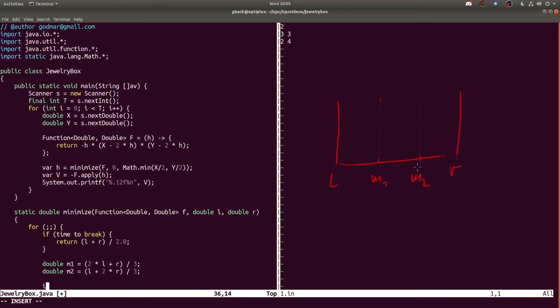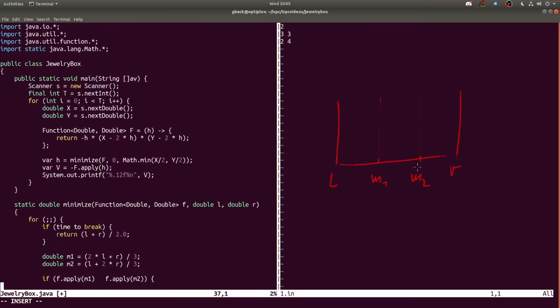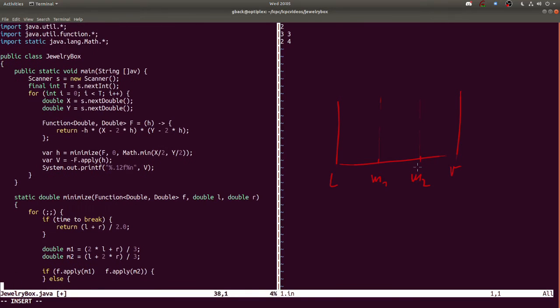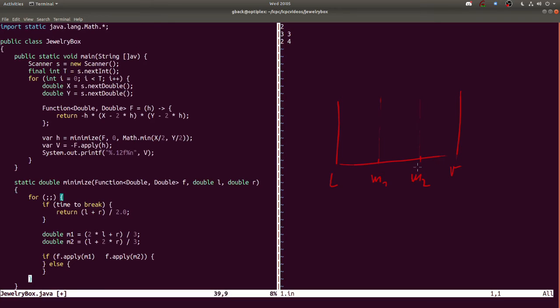Now the two need to be compared. We need to say f, and apply this function to m1. We're going to apply this function to m2. Okay? And we need to compare those two, and then take an action depending on which one it is. Okay. So suppose the function goes like this.